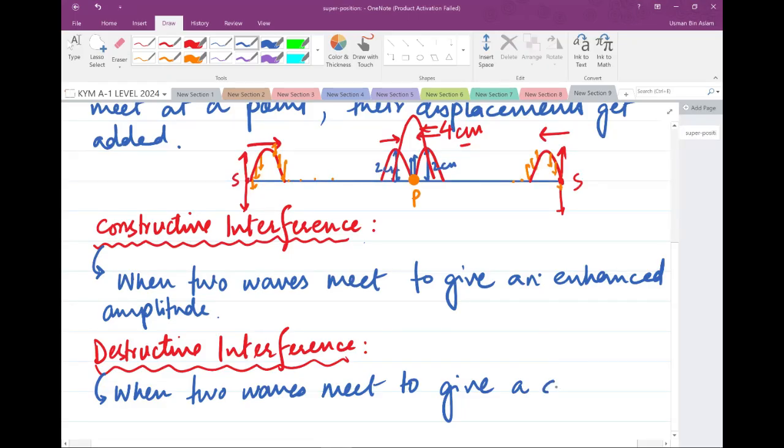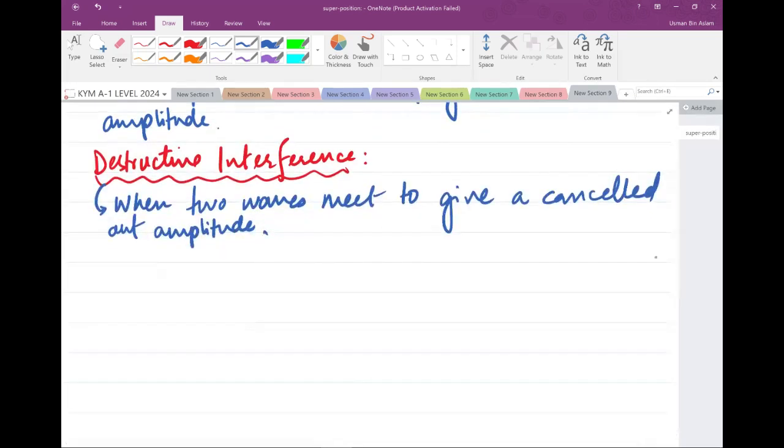To give a cancelled out amplitude. I think there's a better word that could be used. It's just not ringing any bells right now. If I recall it, I'll replace it. Now this would be slightly opposite to that. Destructive interference takes place when a crest meets a trough.